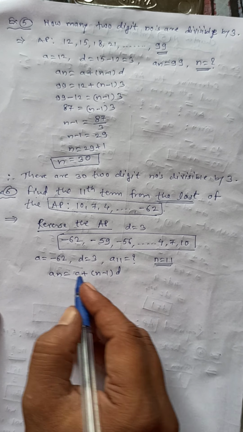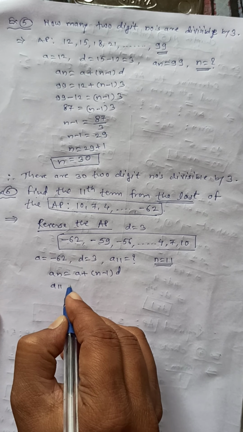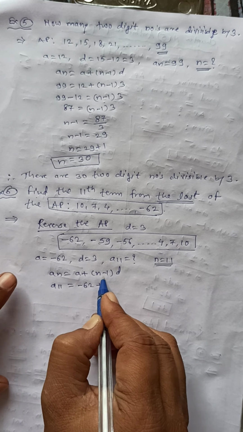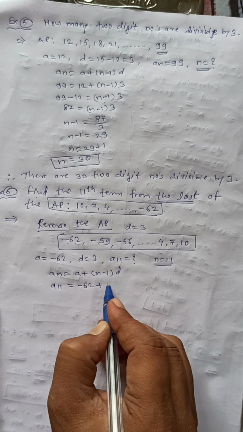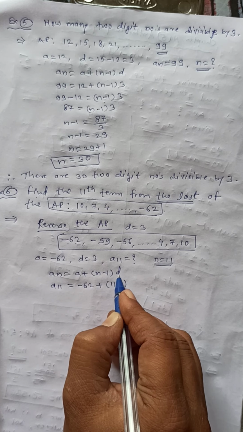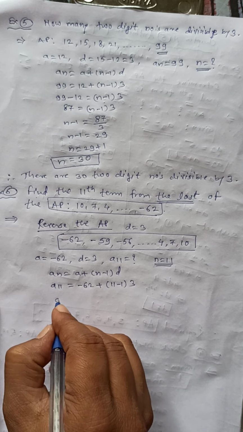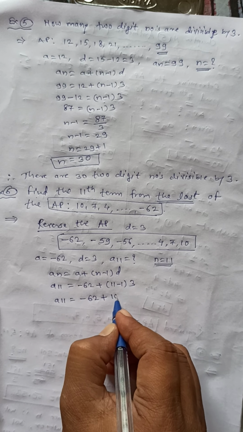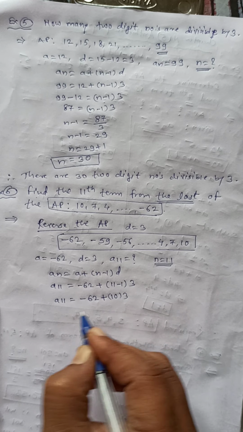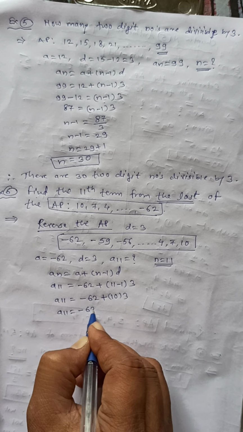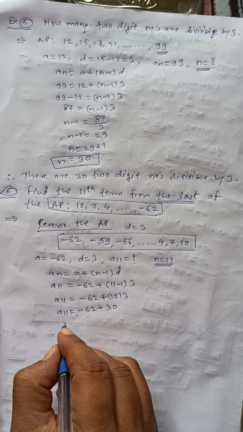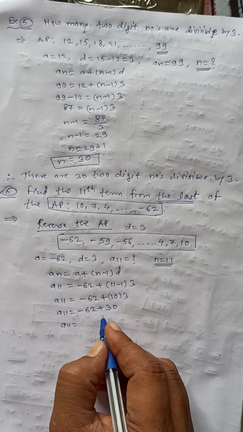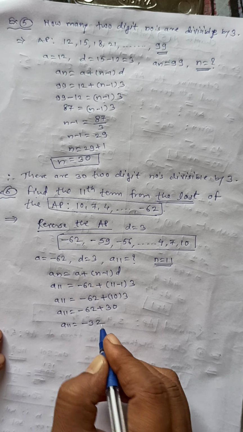So a11 is equal to minus 62 plus 11 minus 1, that is 10, into 3. a11 is equal to minus 62 plus 30, that will be minus 32.